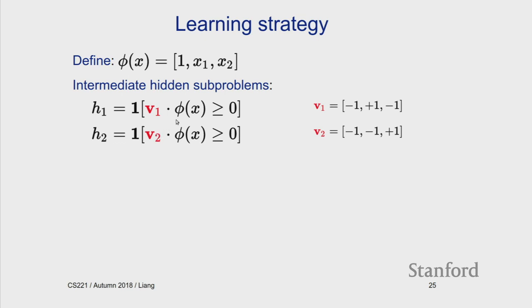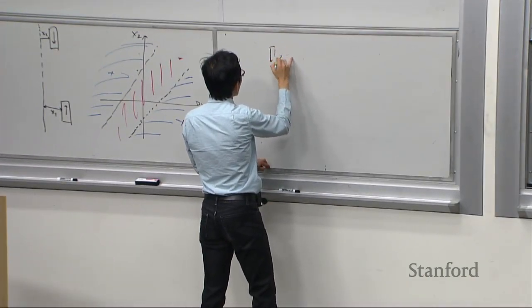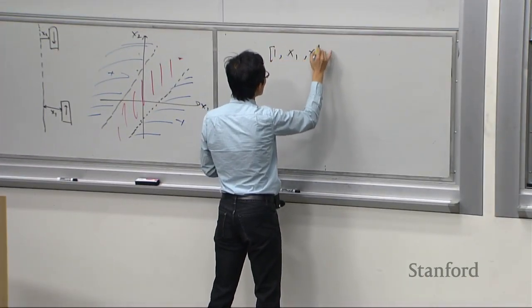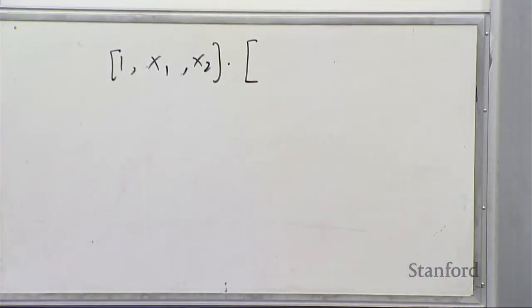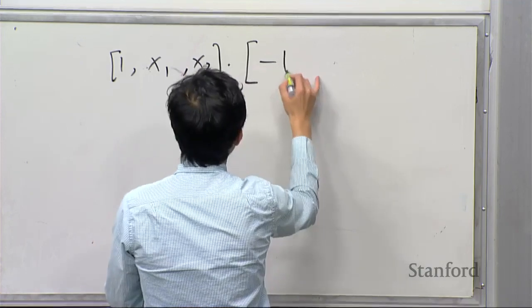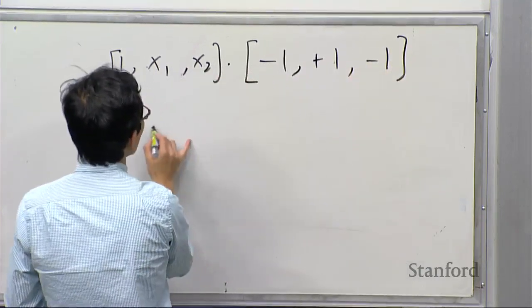Okay? So we have a weight vector v1 equal to -1, +1, -1, dotted with phi of x. Let me do the algebra on the board here. So if you have 1, x1, x2 dotted with v1, which is -1, +1, -1, this is going to be what?